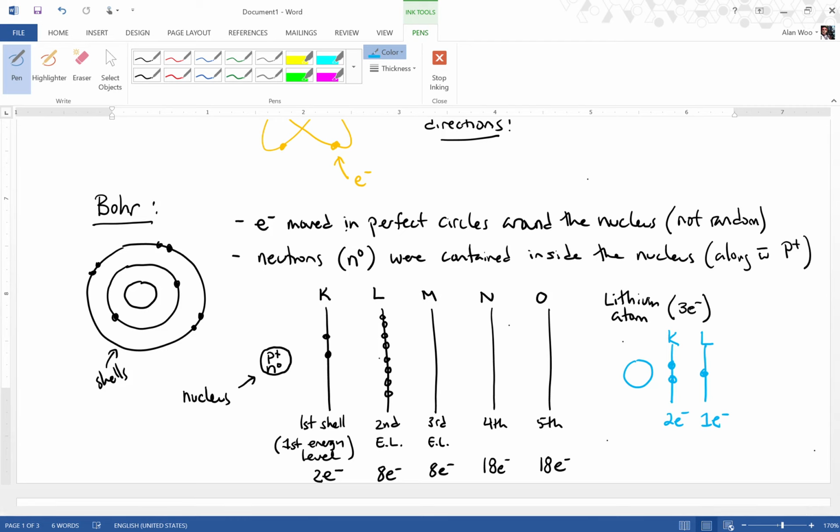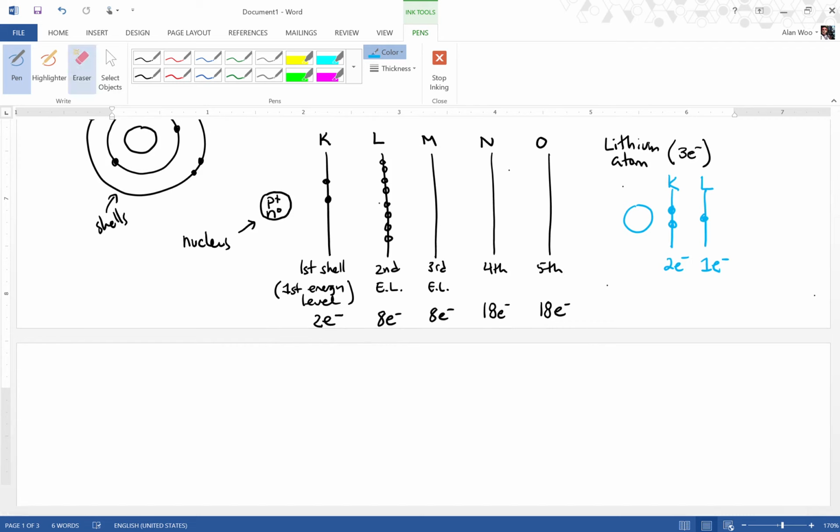So from Dalton to Bohr, we have a series of gradual changes. You can see how the atom gets more complex as we move from Dalton to Bohr. The next model is the quantum model, which is a completely different type of model.